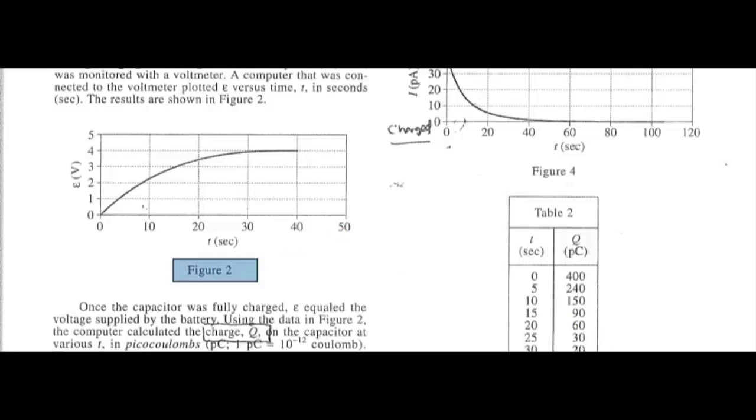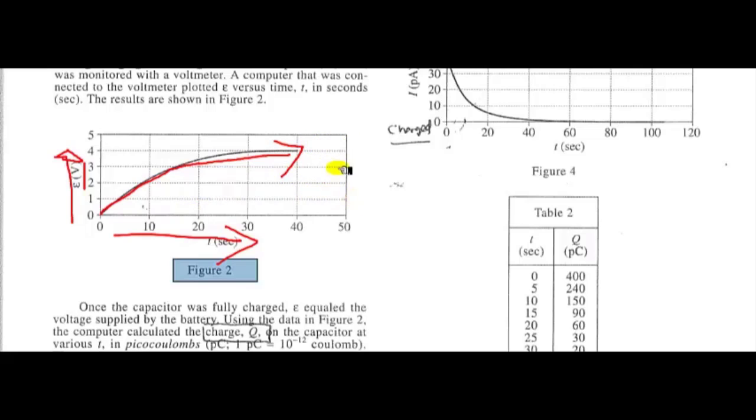So if you look over here and you start getting confused here, you could easily get confused. Here is 0 to 30, and here is, remember this? This is volts across the capacitor, which we saw from one other question. This means this is increasing the volts across the capacitor.